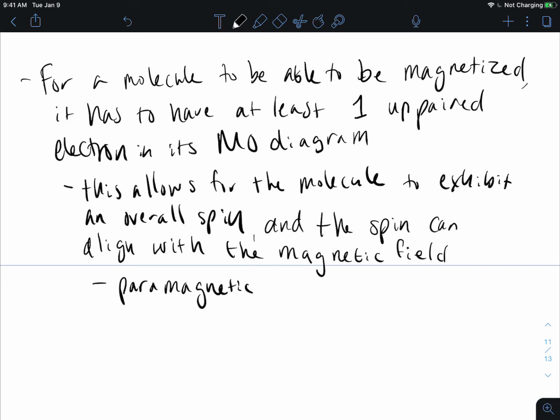If we do not have any unpaired electrons in the MO, we do not have an overall spin, and it cannot be magnetized.